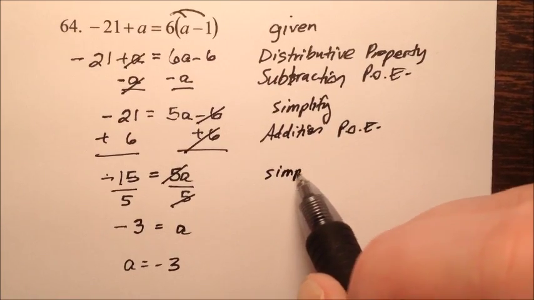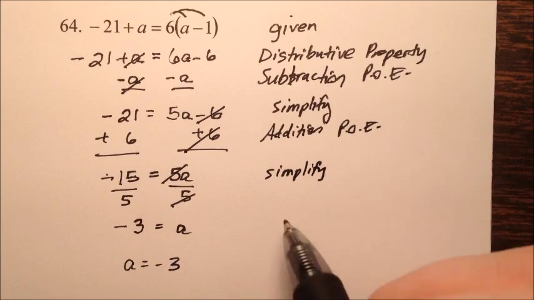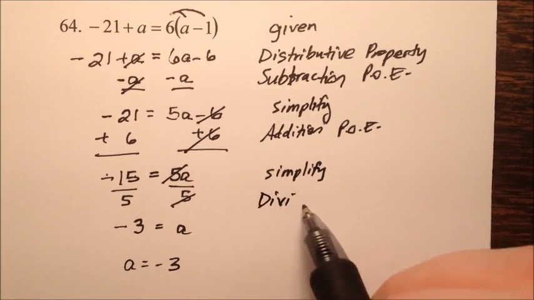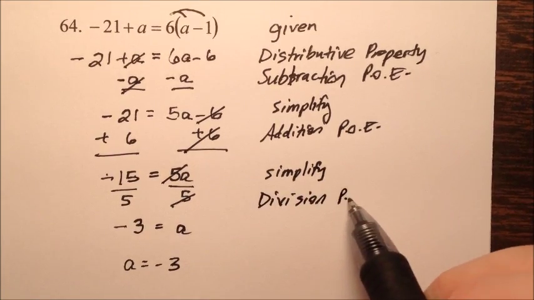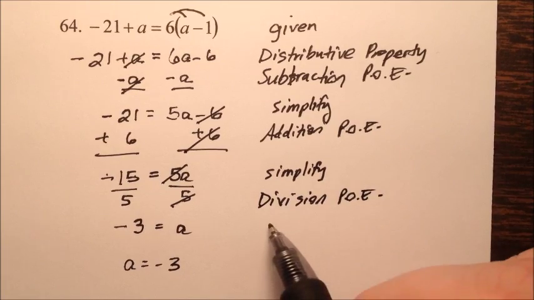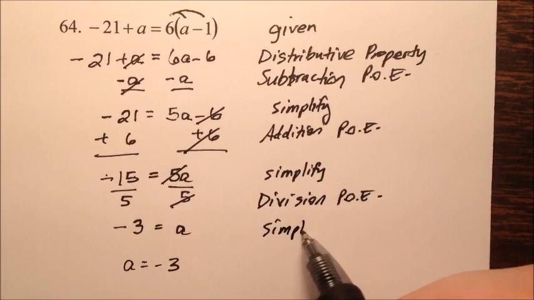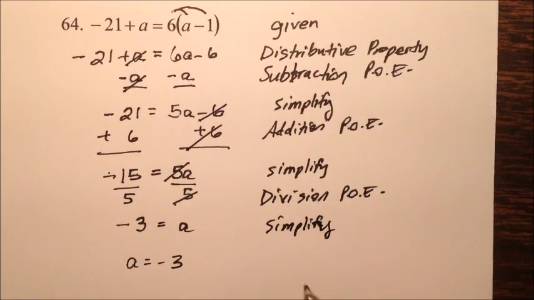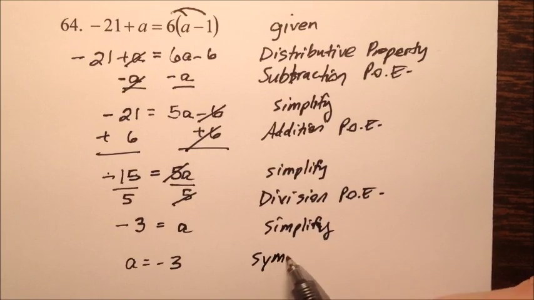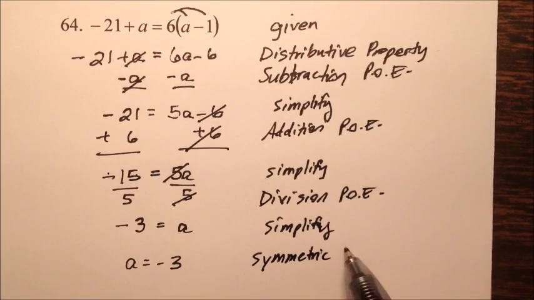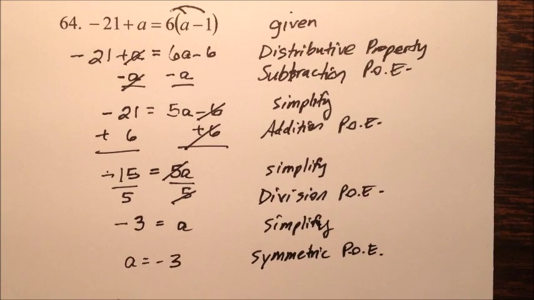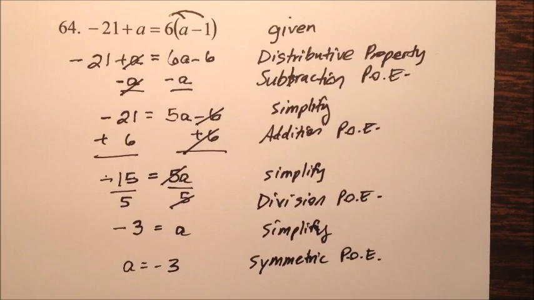And then we simplified. Then we use the division property of equality. Then we simplified. And then finally we use the symmetric. And the symmetric property of equality is what turned that guy around from negative 3 equals a to a equals negative 3. So number 64, the solution is a equals negative 3.